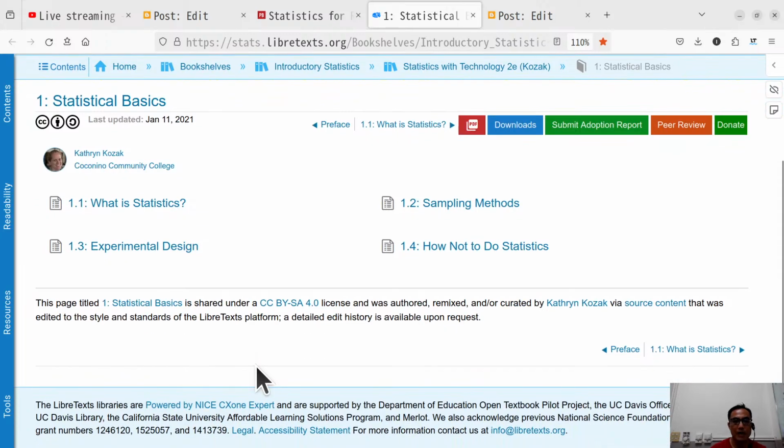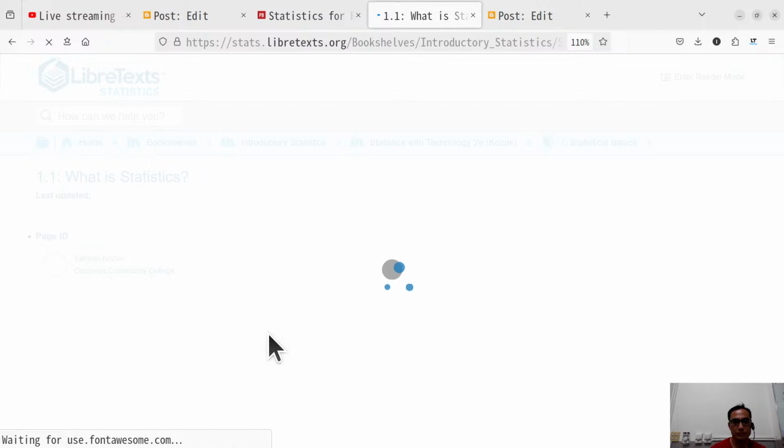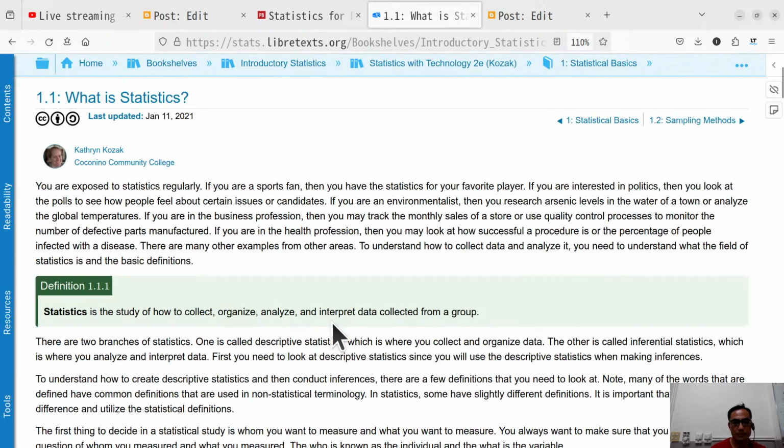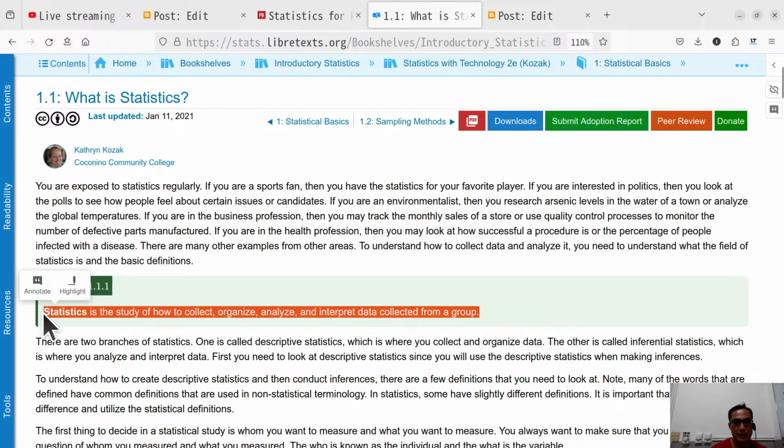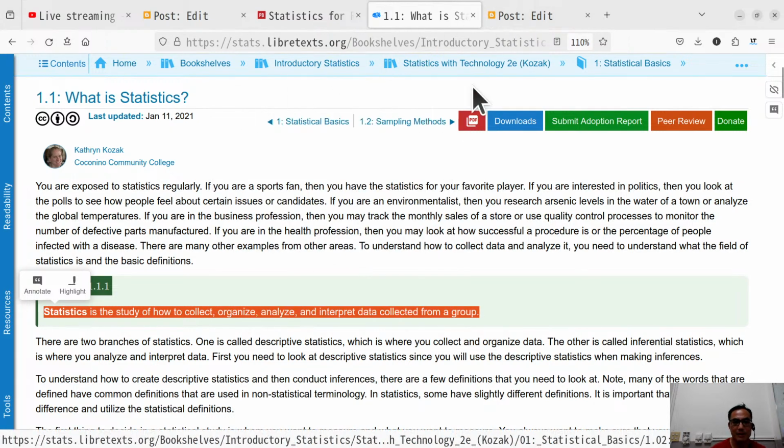For example, you can copy the definition here. Definition: statistics is the study of how to collect, organize, analyze, and interpret the data collected from a group. You can copy and paste it.